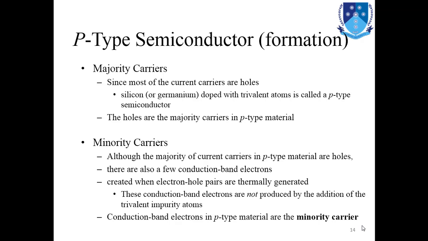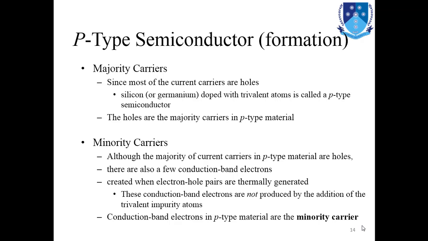These electrons are created when electron-hole pairs are thermally generated. It means that these free electrons or conduction band electrons are thermally generated electrons. And we can also say that these conduction band electrons are not produced by the addition of the trivalent impurity atoms, as was the case in an n-type semiconductor material.